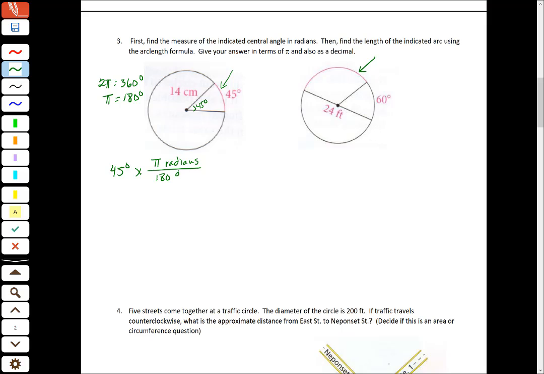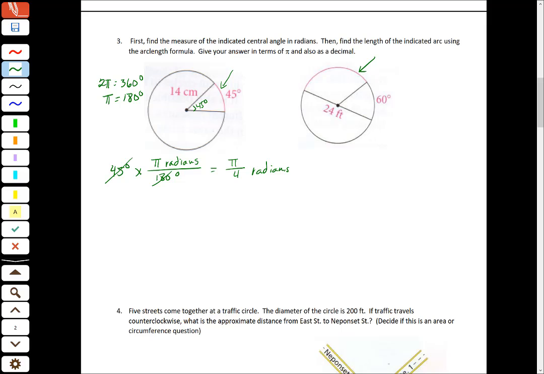And then they will simplify this in just fraction form because 180 is evenly divisible. So if you do this fractional work, you should get that this is pi over 4 radians, right?